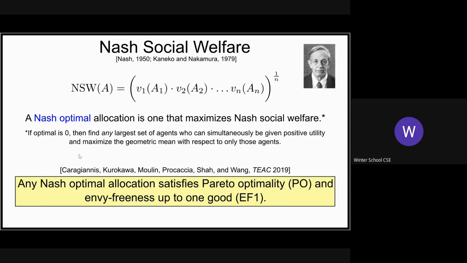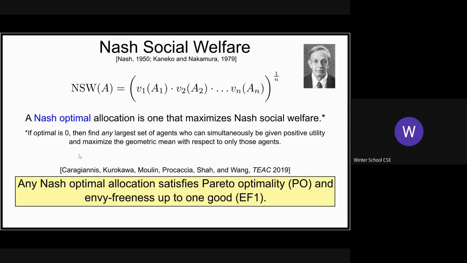Interestingly, this turns out to be a very useful objective for us because some people showed a few years ago that any Nash optimal allocation satisfies both Pareto optimality and EF1 simultaneously. I think the Pareto optimality part is easy to see, right?